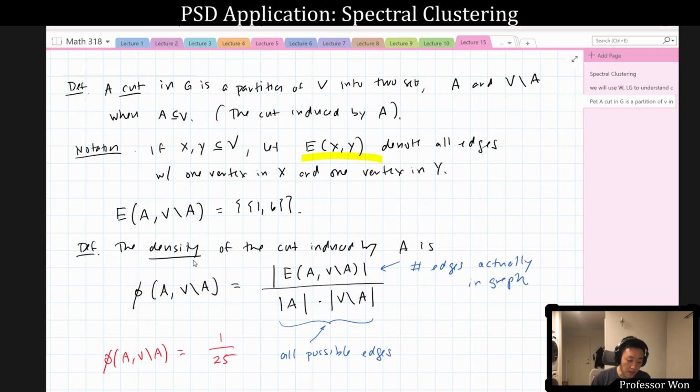Sorry, I forgot a factor, which is that you have to multiply by n. I guess it's not that important because you're always multiplying by the same number, but it is in the definition of density. So it's actually 10 over 25 because there are 10 vertices.